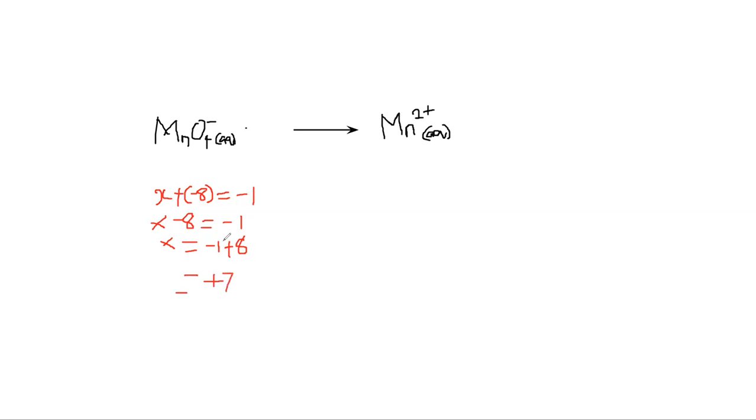So it means the oxidation state of manganese on this side is plus 7. It's moving from plus 7 to plus 2. So how many electrons more do I have here? 5. The difference is 5.